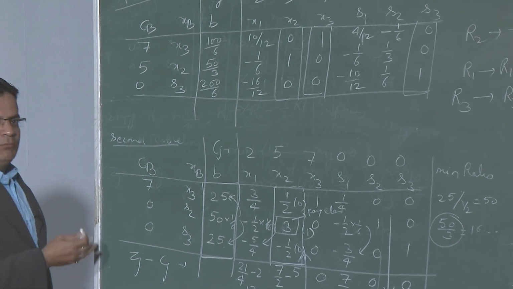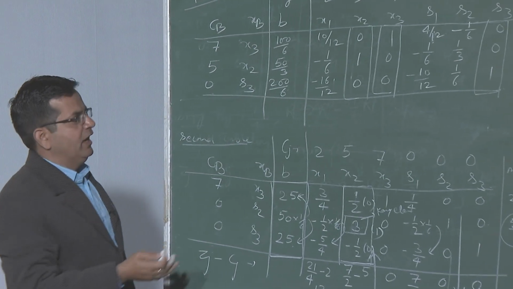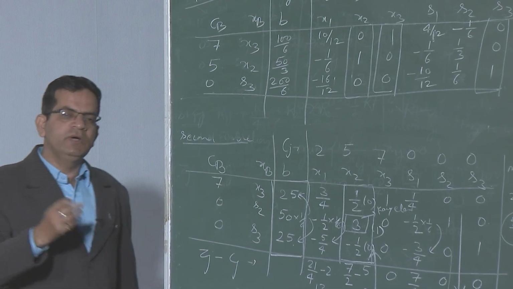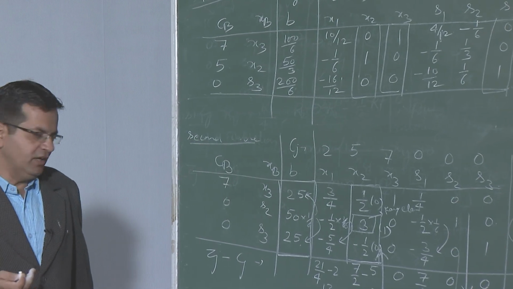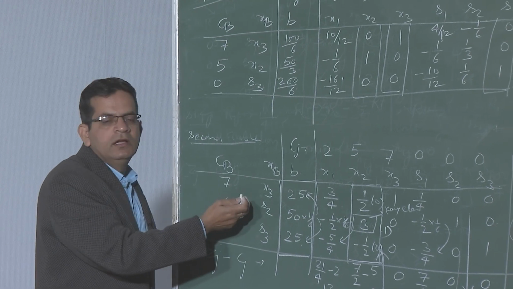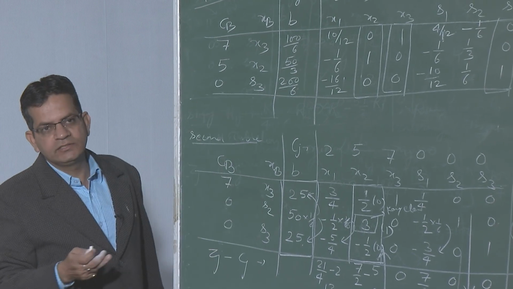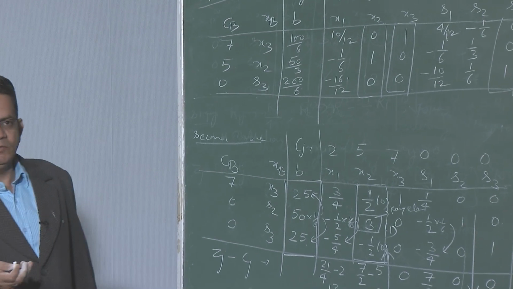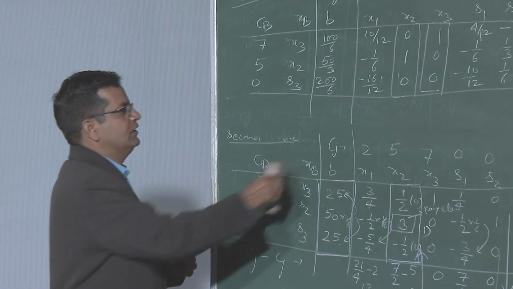In the third table we have basic variables x3, x2, s3. We started from s1, s2, s3. Then in the second table we included x3. In the third table we included x2. So now again we repeat the same process. We calculate the value of Zj minus Cj.